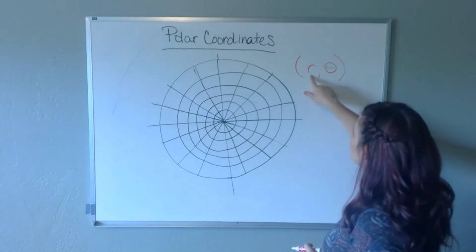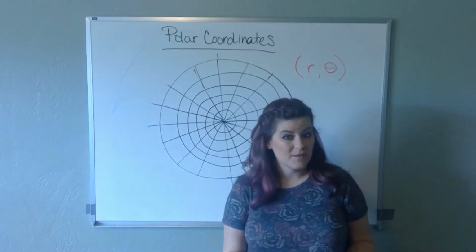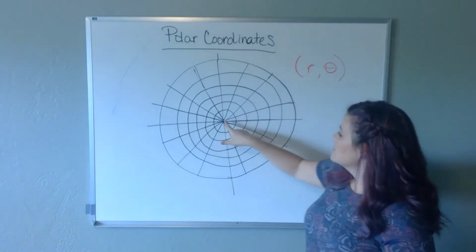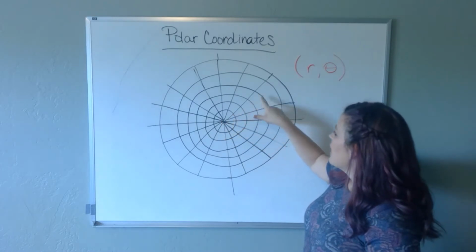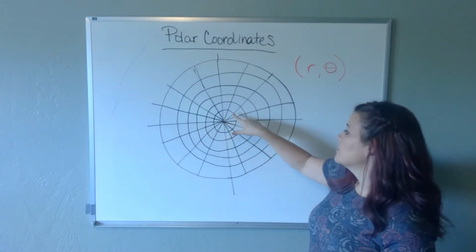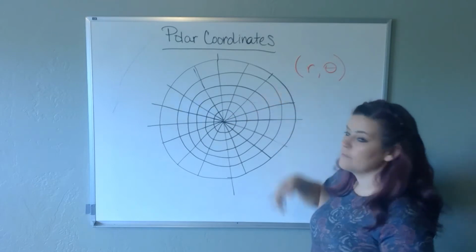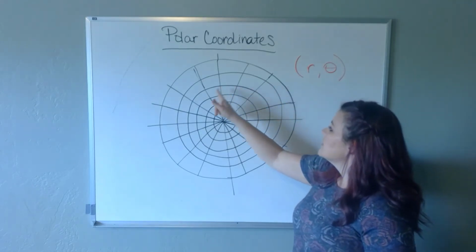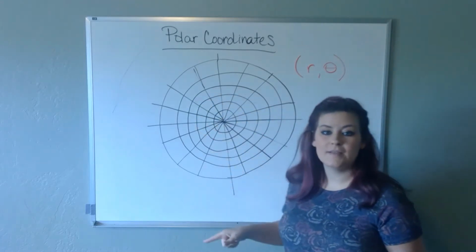So r, you guys, usually we use r for like radius, and that's the case. Your r value is going to tell you how far from the origin you are using these circles with radius r. Theta, of course, is going to be these angles that I have drawn here.